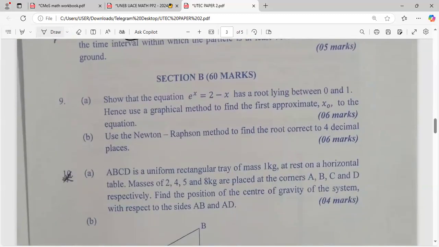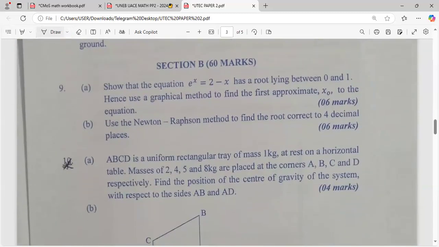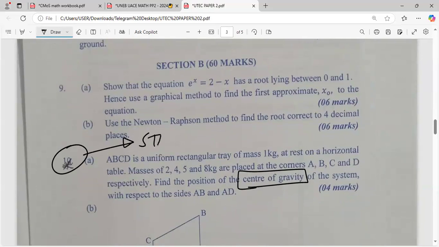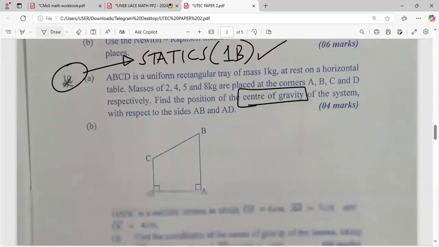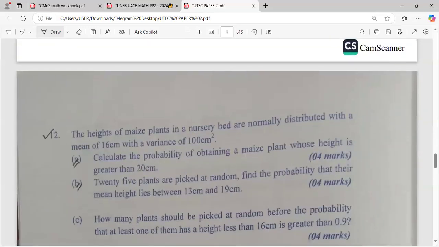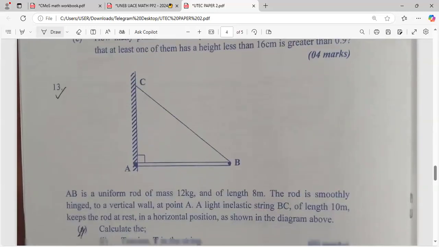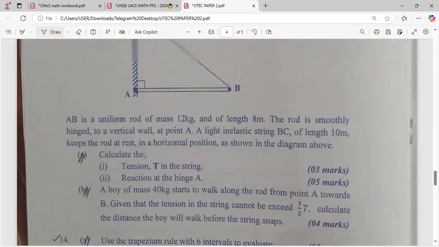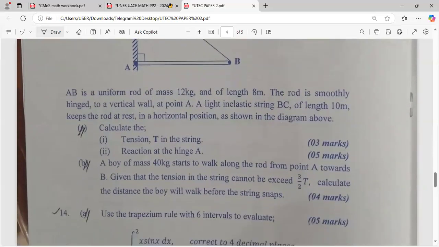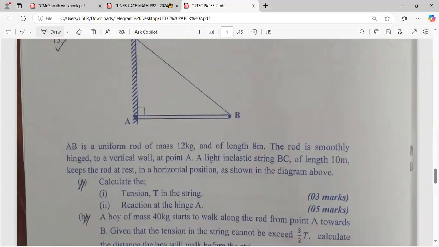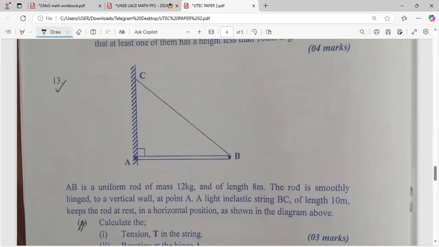So we go to B. They are talking of center of gravity. So you know that number 10 is talking of statics. One question of section B has been secured. What next? You see what is funny? This is equilibrium of rigid bodies.